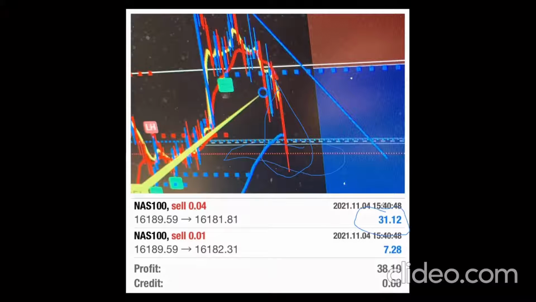And that's where I made $31. Okay. And then when price sprung up and really started buying up past those points, I jumped in for that trade, made an extra $7, and then just jumped out. So that was a $38 profit that I made that day. So we did good on that.